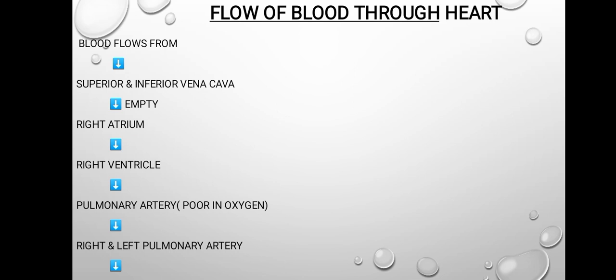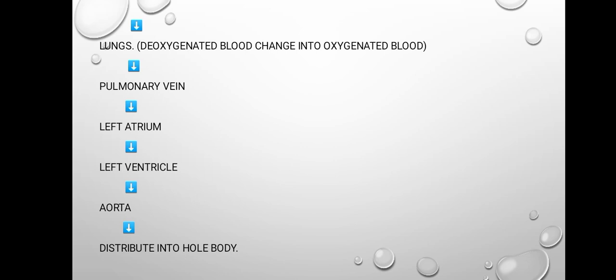Afterwards, the right and left pulmonary arteries deliver blood to the lungs directly for gas exchange. Gas exchange is known as the removal of carbon dioxide from the blood and the entrance or inhalation of oxygen into the blood.